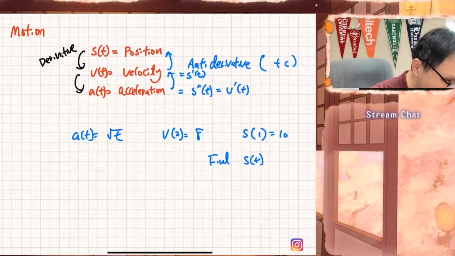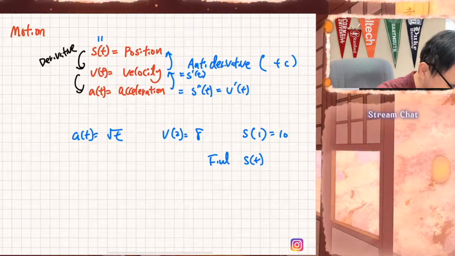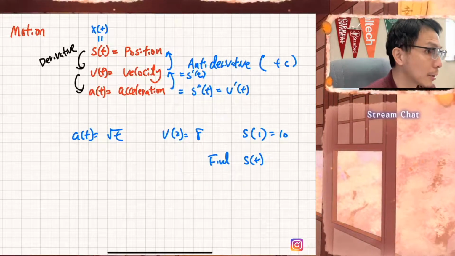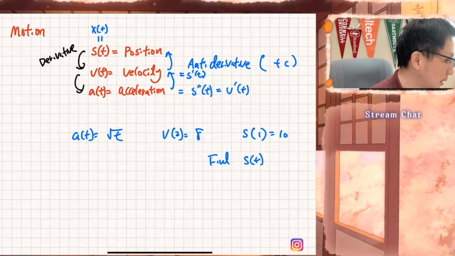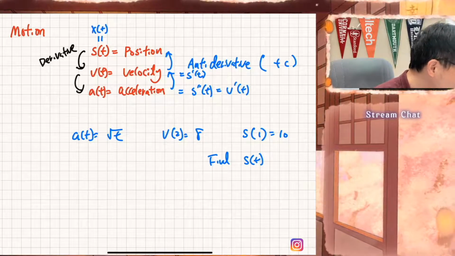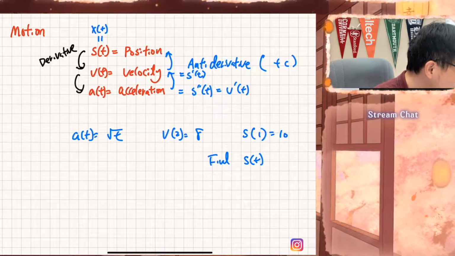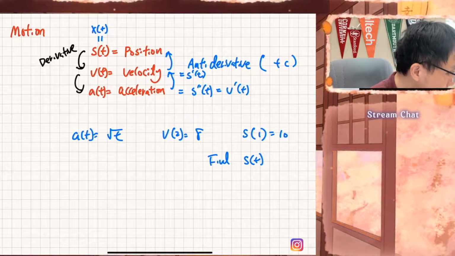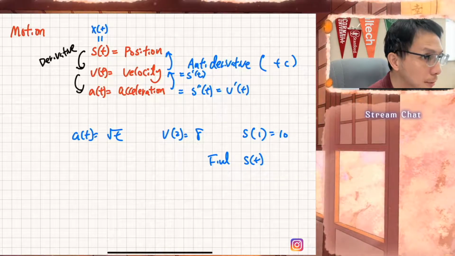Sometimes the textbook doesn't use s of t, they might use x of t. It's just because they're talking about particles moving left to right on the x-axis. So some of the homework questions you might have are based on x of t, based on the motions.